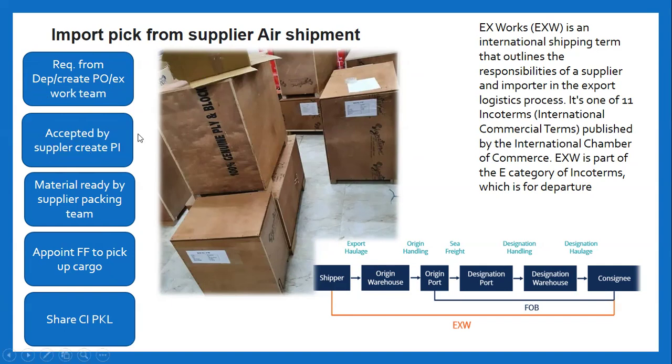And the supplier will prepare the commercial invoice. Once he receives the order from our side, the supplier will prepare the commercial invoice and other documents. At this stage the supplier ensures that he has received the order and has to dispatch the goods.